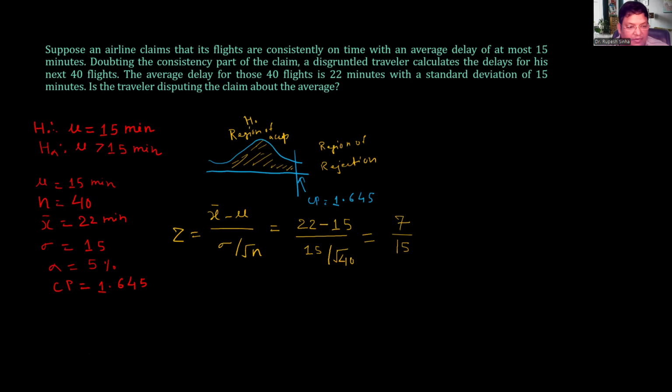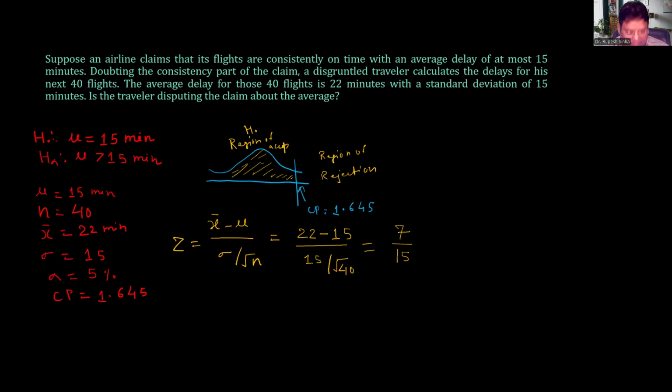Let me take a calculator and find out the value of root 40. So square root of 40 equal to 6.32.